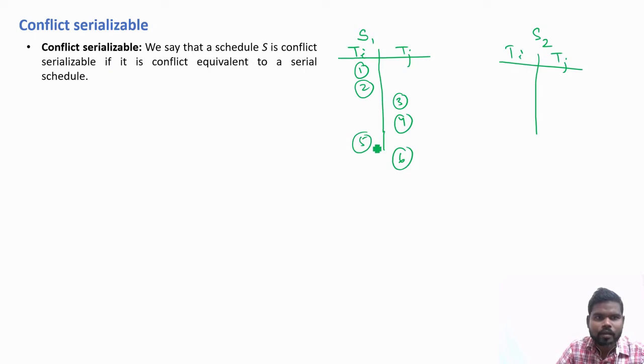Here also we have transactions Ti and Tj. Let's suppose S2 is a serial schedule. So we can have it like this.